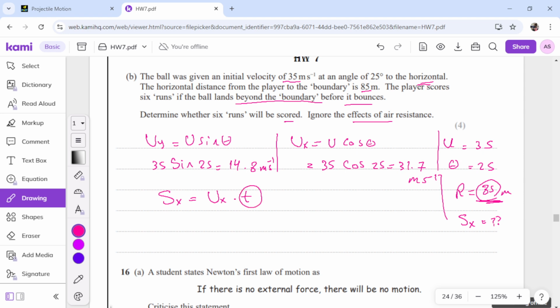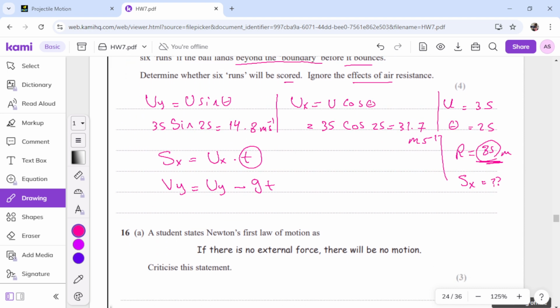So we have to find time first, using this equation, Vy equal Uy plus or minus, because we are moving up. So moving up, it will decelerate. So now Vy at the maximum height equals 0. So this is time for maximum height.